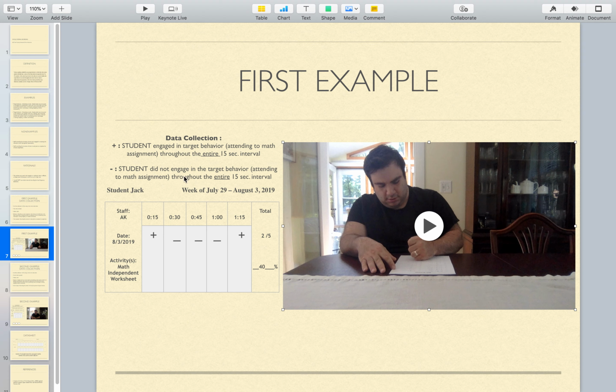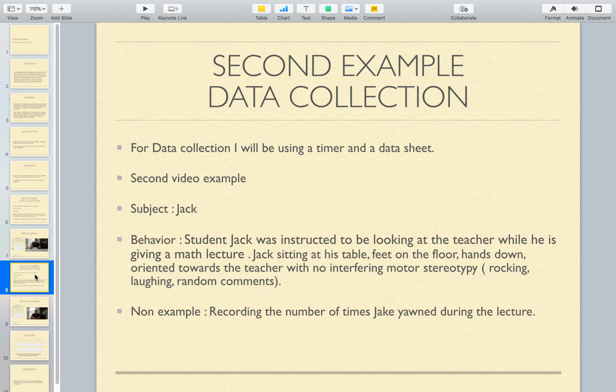So the student did not engage in the target behavior, attending to the math assignment, throughout the entire 15-second interval. So for the total, I put 2 over 5, and that would be 40% of the goal reached. The ultimate goal would be 100%, but anywhere from 80 to 100 is what we try to aim for.